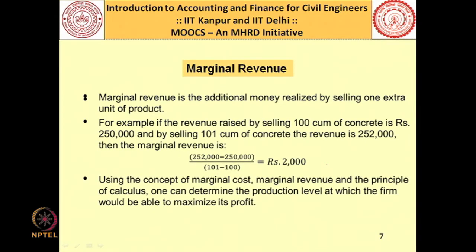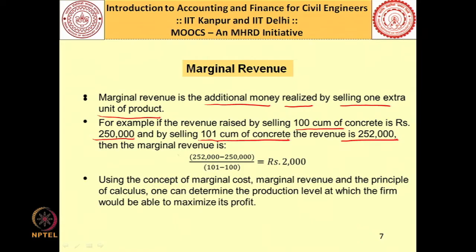In the same manner, you also define marginal revenue. Marginal revenue you can define as the additional money which you realize by selling one extra unit of product. Suppose right now you are selling 100 cubic meter of concrete for a price of, let us say, 250,000, and by selling 101 cubic meter of concrete you are realizing 252,000.